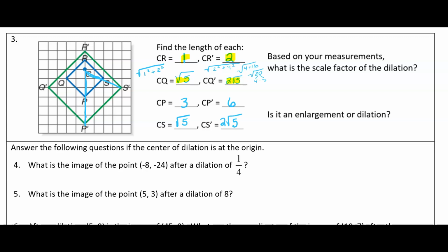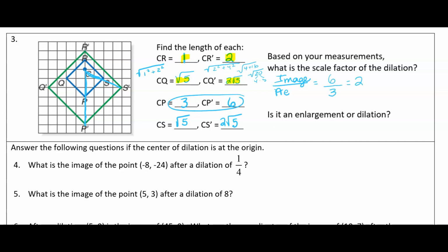So it says, based on your measurements, what is the scale factor of the dilation? Now, remember that it is image comes first over pre-image. So the image is the green one on my copy. So the image are these numbers. So let's just take this one. 6 to 3.